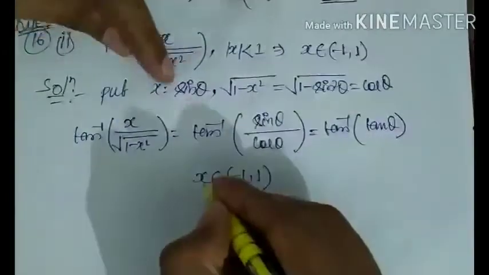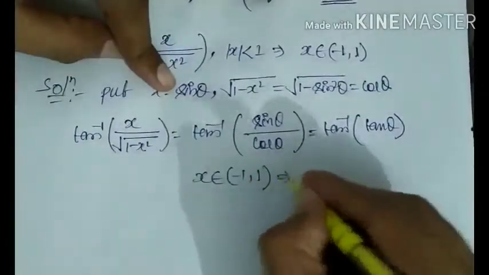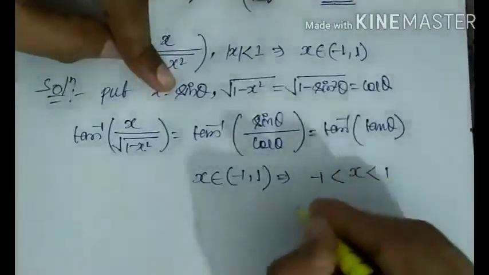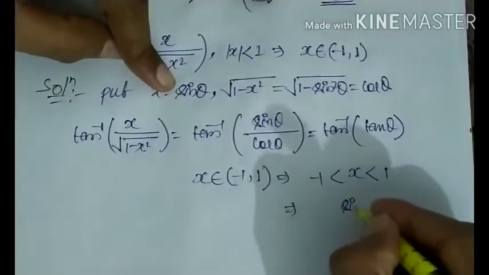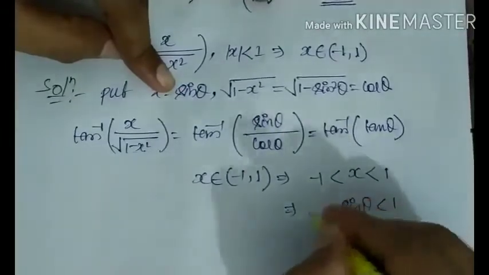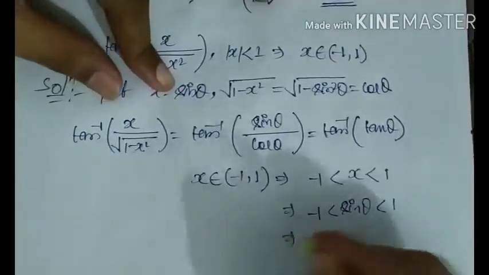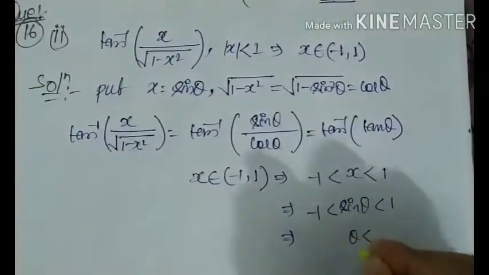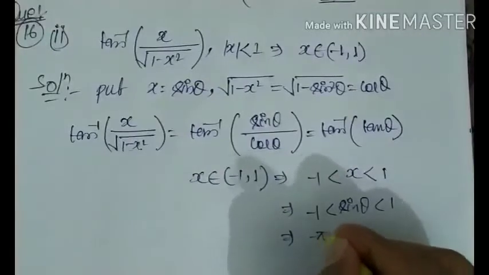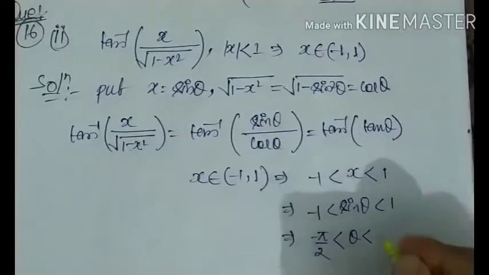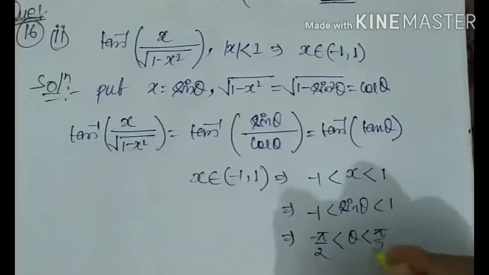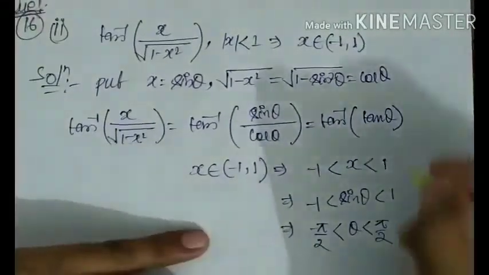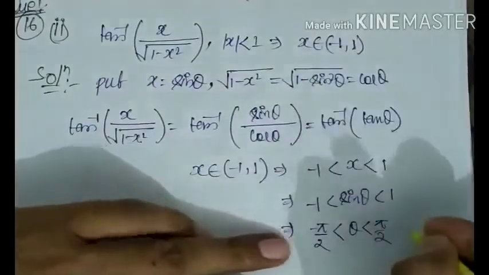Since x is sine theta, this implies that sine theta belongs to minus 1 to 1. This implies that theta will be minus pi by 2 to plus pi by 2. Hence theta belongs to minus pi by 2 to pi by 2.